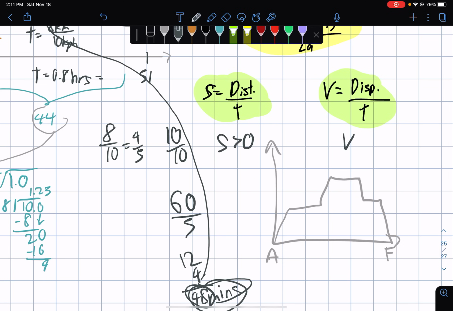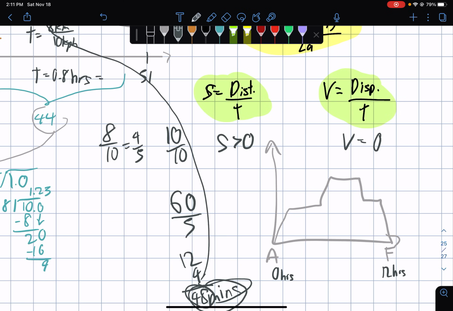But for velocity of the whole trip, displacement will obviously be 0. So 0 divided by time, whatever the time is, let's say travel is 0 hours to 12 hours, it's still going to be 0, since 0 over 12 is 0.